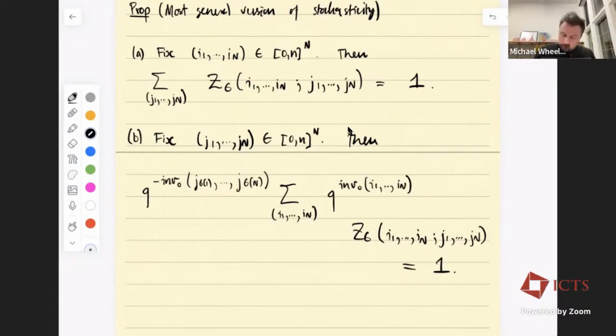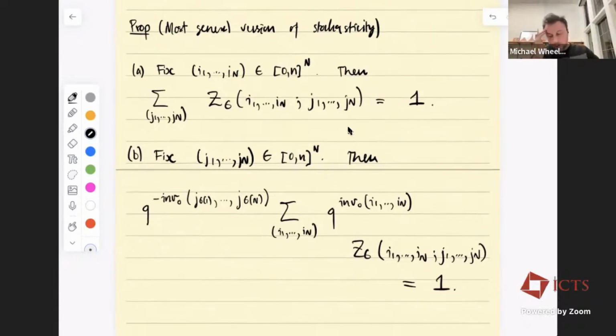The proof of these, I'm not going to give. It's pretty elementary. Once you know how to prove these statements for a single vertex, which we looked at last time, you can take sigma and take a reduced word decomposition of it.